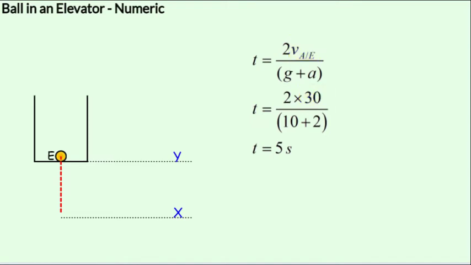The upward acceleration of the elevator is 2 meters per second squared. With that, we obtain the time of flight as 5 seconds. So it takes 5 seconds for the ball, which is fired upwards at level x, to land back on the floor of the elevator at level y.